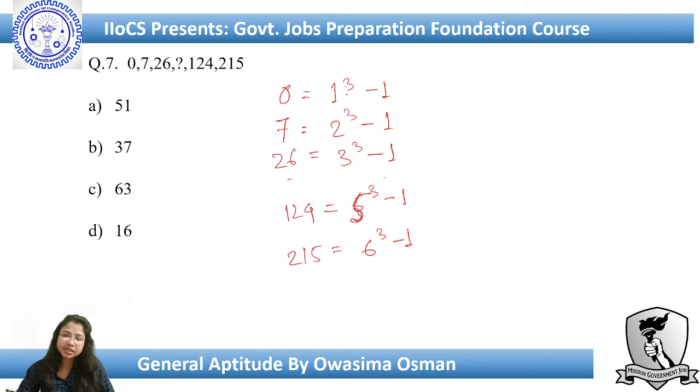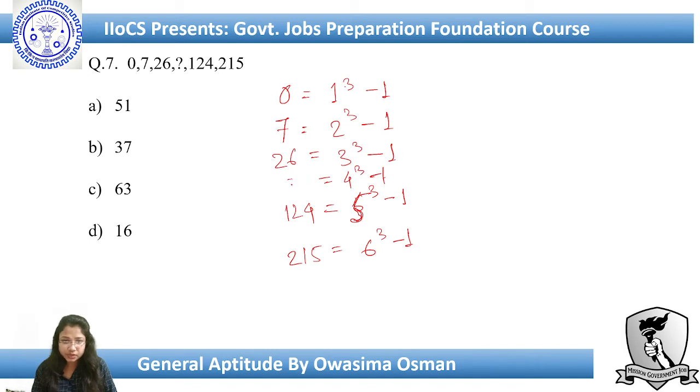So here you can see these are the cubes of consecutive numbers, and then there is a minus 1 for every term. So that is 1, 2, 3, 5, 6. So our middle term will definitely be 4 cube minus 1.